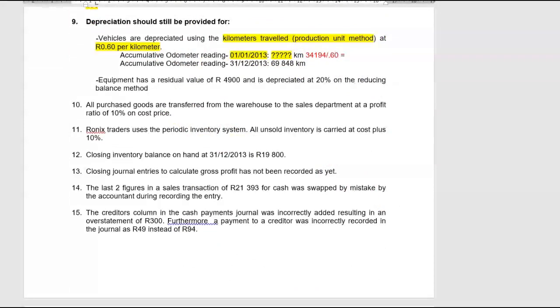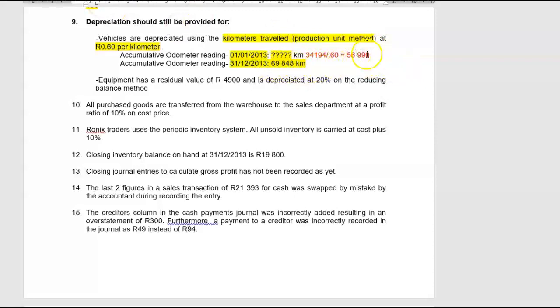So that means that our odometer reading at the beginning of the year was 56,990. Now, if we have our opening odometer reading and our closing odometer reading on 31 December, then we can work out how many kilometers the vehicles traveled in the current year.